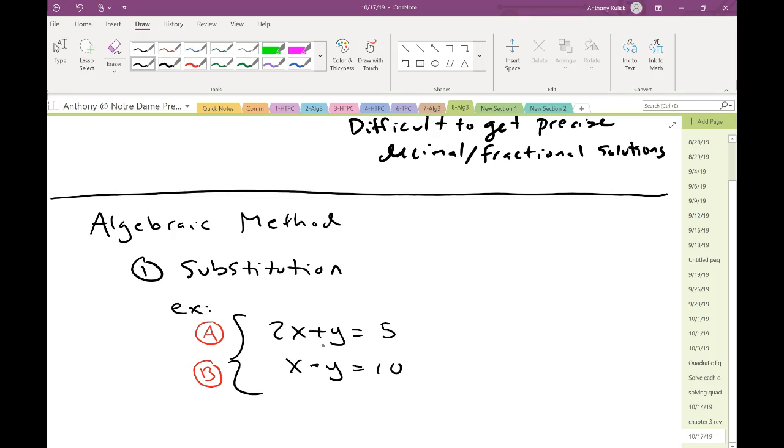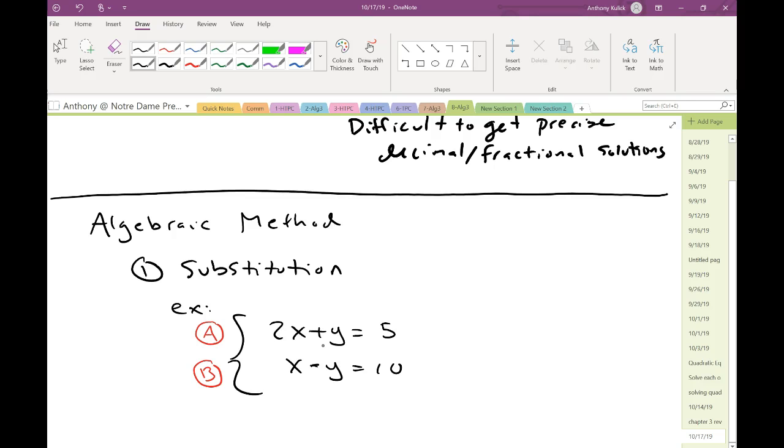That's my goal, because that we can solve. So I'm going to take these two equations and two variables and turn them into one equation in one variable. One way to do that is through a method called substitution. So what I'm going to do is choose an equation and then choose a variable from that equation and get that variable by itself.